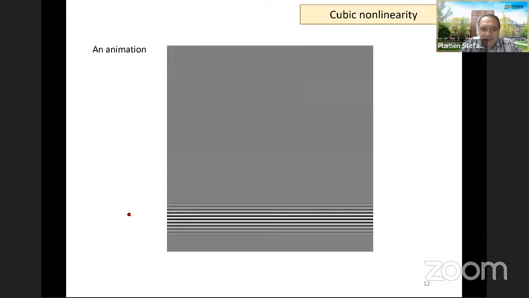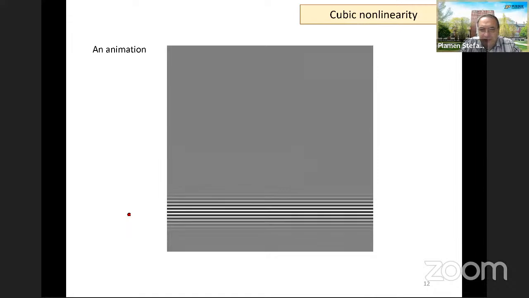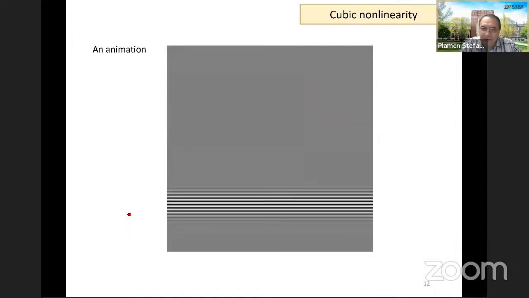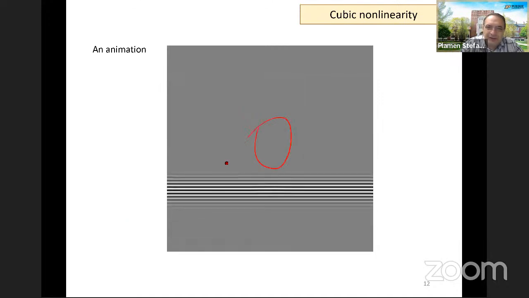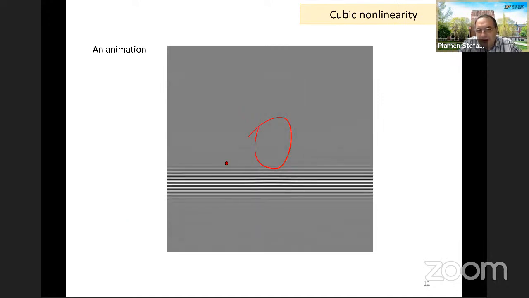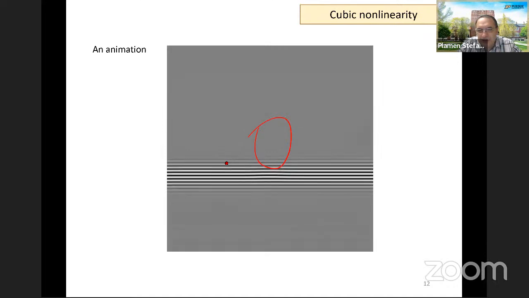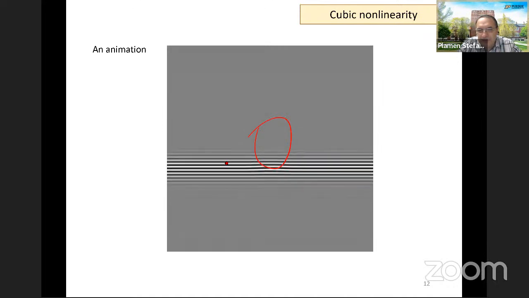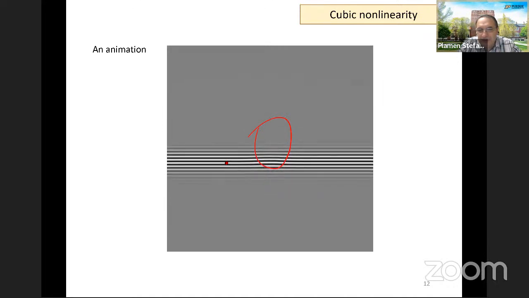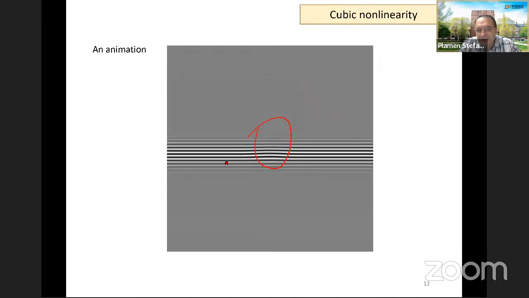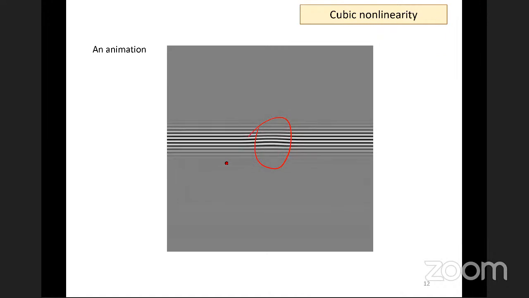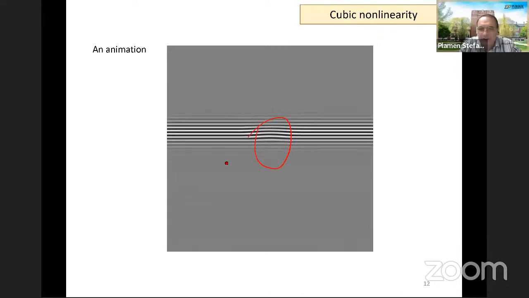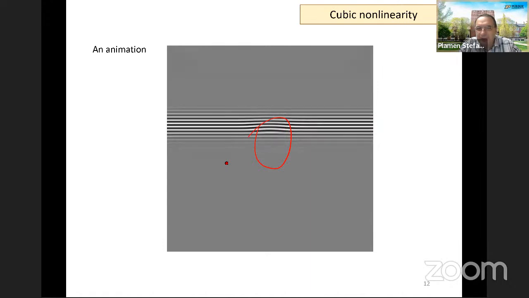And here's an animation. So again, the wave moves from the bottom to the top, and then somewhere here is the nonlinearity, the support of the nonlinearity, and then it starts to interact with this, and then you see that maybe it's still not quite clear, but there's some change of the phase, some phase shift, which is known in physics in principle. They call that phase self-modulation or something like this.